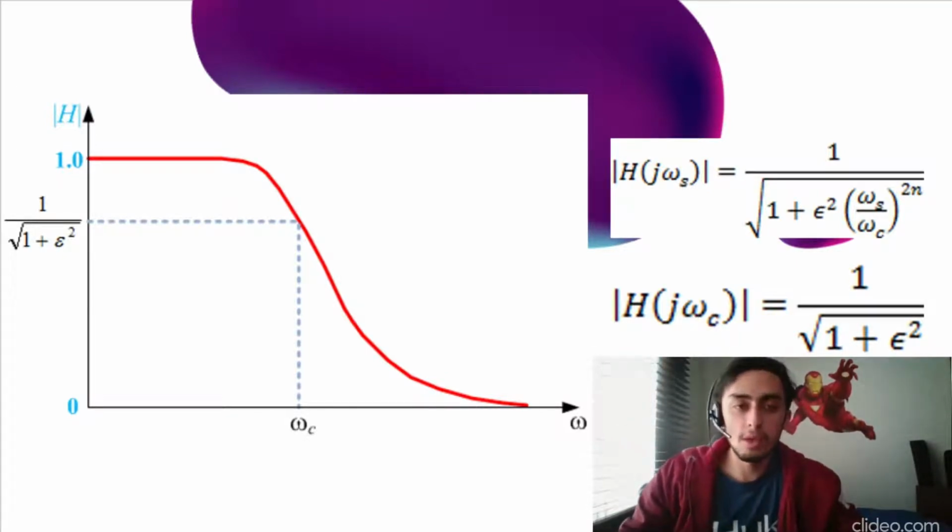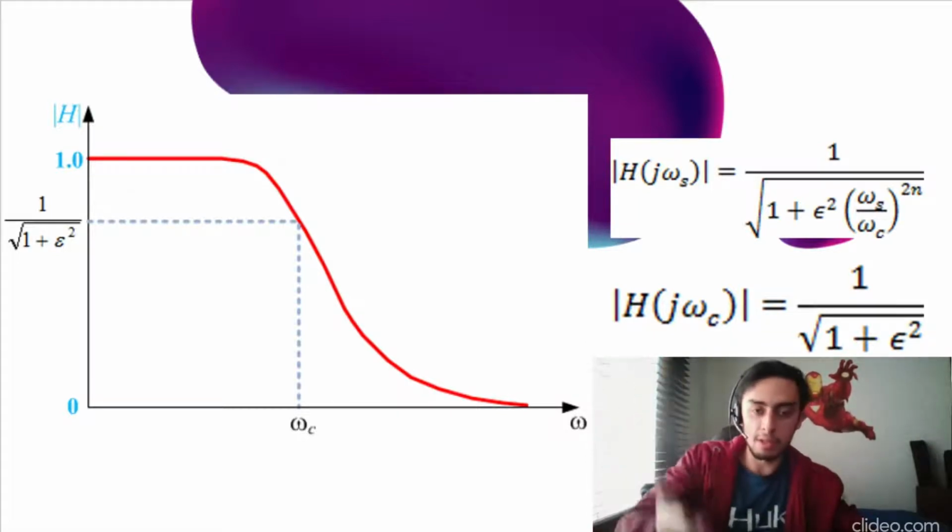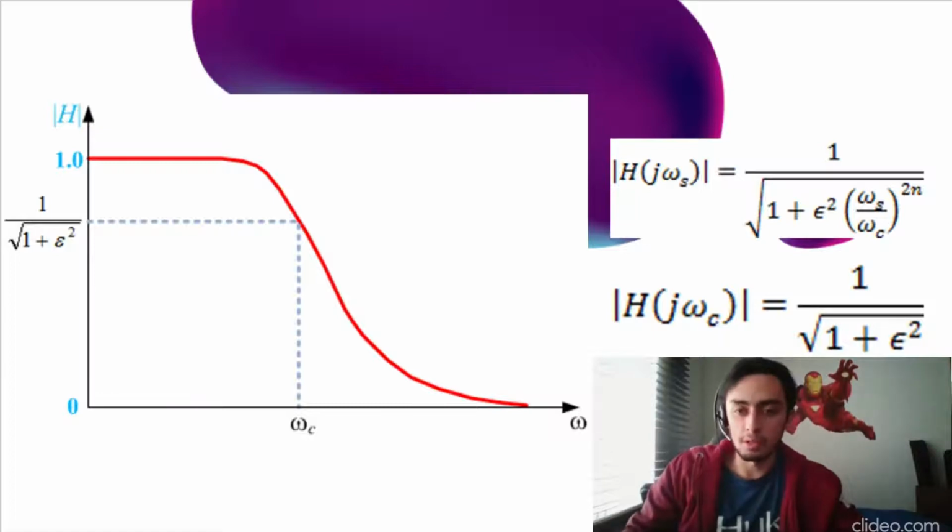So the magnitude function for an n order with the passband is given by the equation that we have here in the presentation.